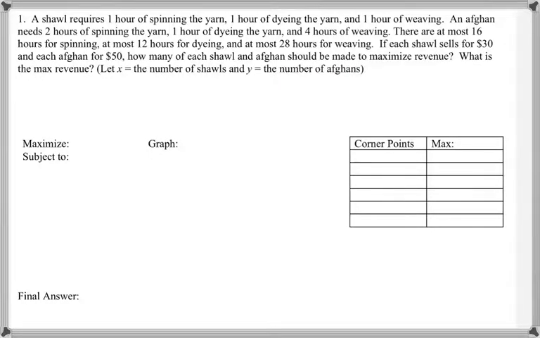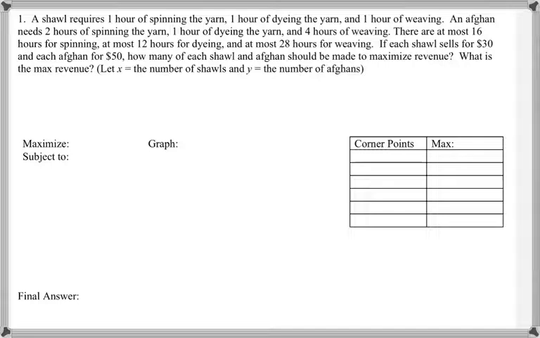So looking at question number 1, a shawl requires 1 hour of spinning the yarn, 1 hour of dyeing the yarn, and 1 hour of weaving. An Afghan needs 2 hours of spinning the yarn, 1 hour of dyeing the yarn, and 4 hours of weaving. There are at most 16 hours for spinning, at most 12 hours for dyeing, and at most 28 hours for weaving.